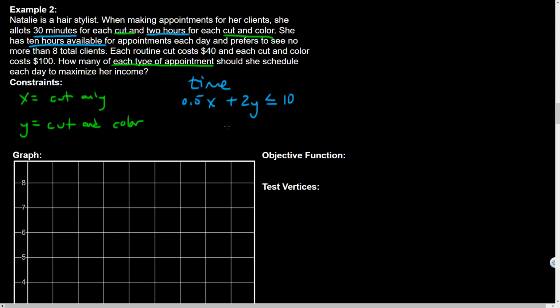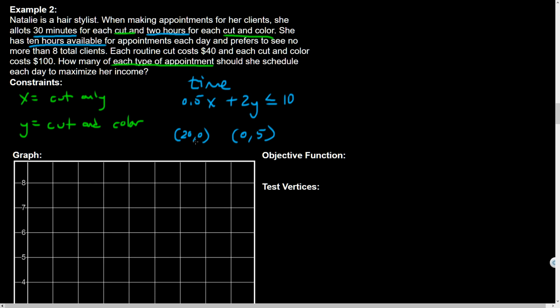I could rearrange this in slope-intercept form, although just plotting using intercepts is actually pretty effective for this. If I plug in 0 for x and solve for y, I would get 0, 5. If I plug in 0 for y and solve for x, I would divide both sides by 0.5. I would get x equals 20. Oh dear.